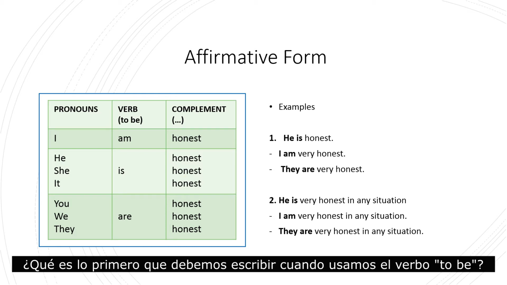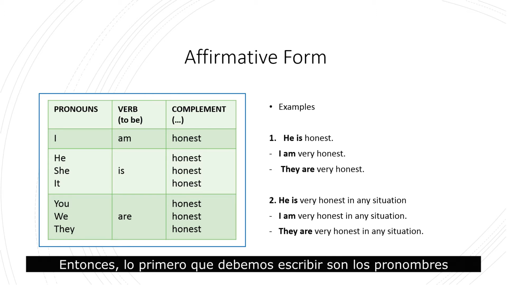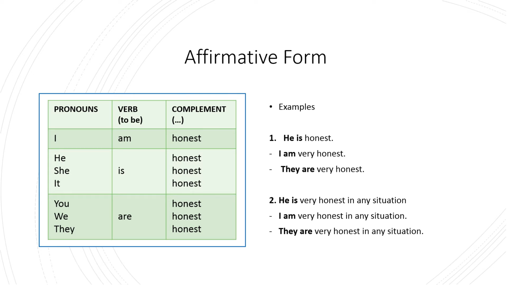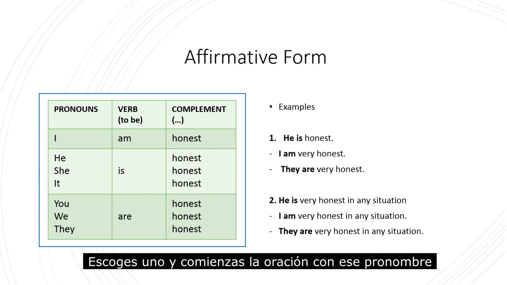What's the first thing we need to write when using verb to be? We need to write pronouns, okay? The ones we have previously seen. So we need to write I, he, she, it, you, we, or they. You choose one and you start the sentence with the pronoun, okay?